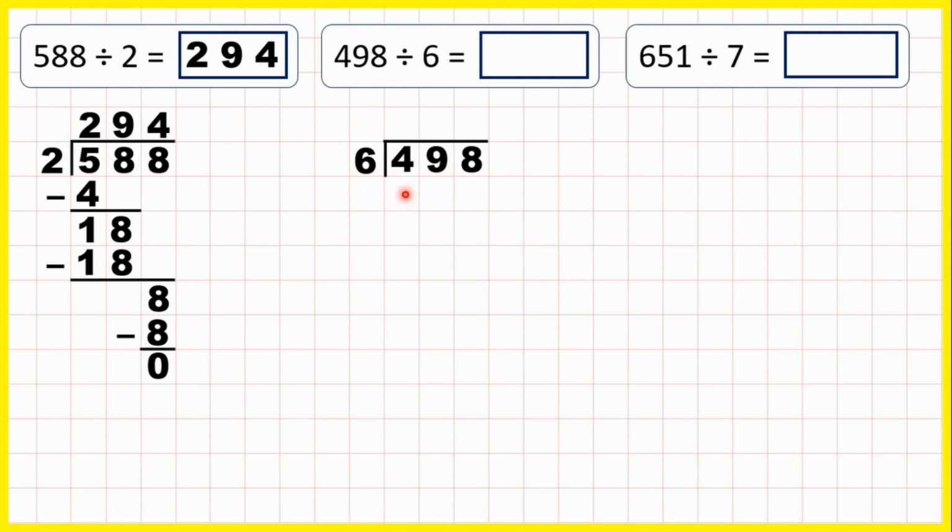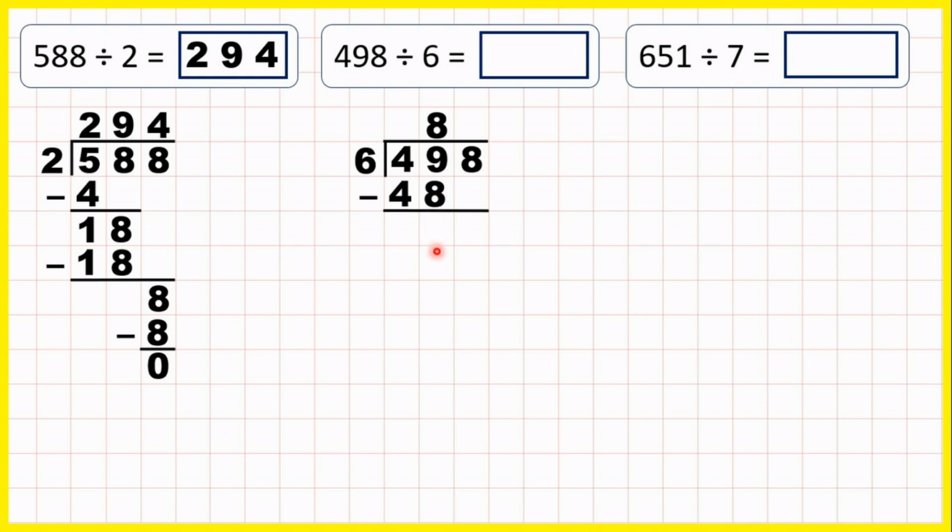So we need to think what number in the 6 times table is closest to 49 but still less than 49. Well, 48 is in the 6 times table, and because that's 8 times 6, we can write 8 in our answer line.